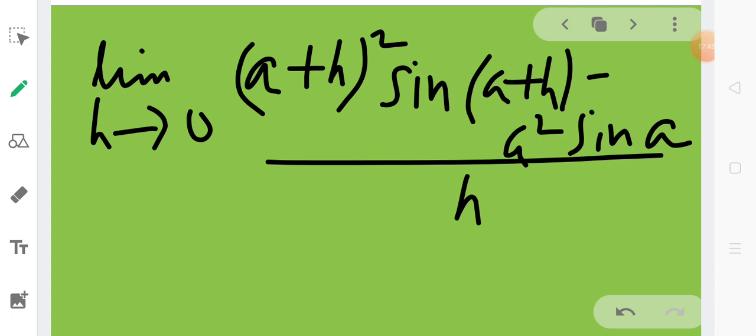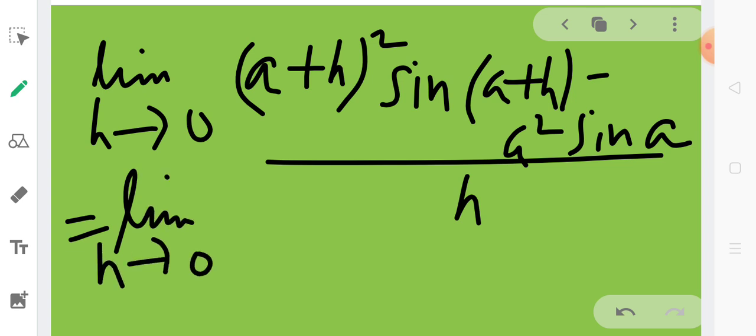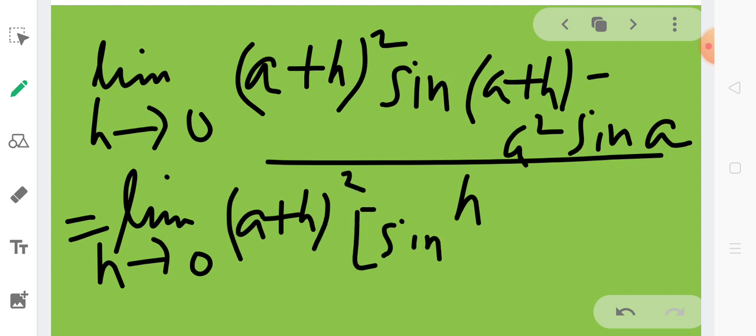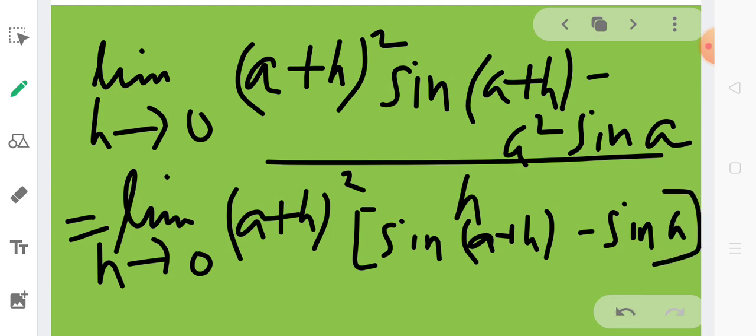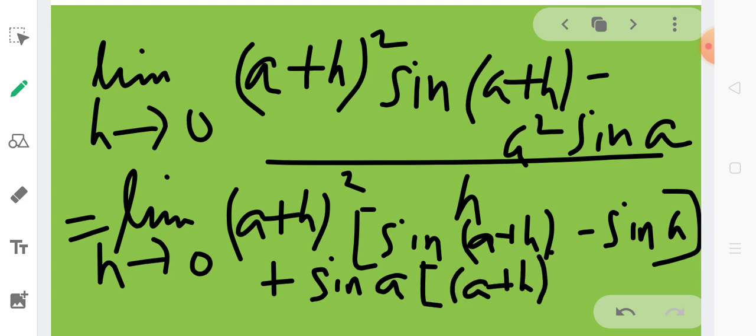And then in the next step I will be doing one modification. And then overall divided by h. Now can you understand what modification I have made?